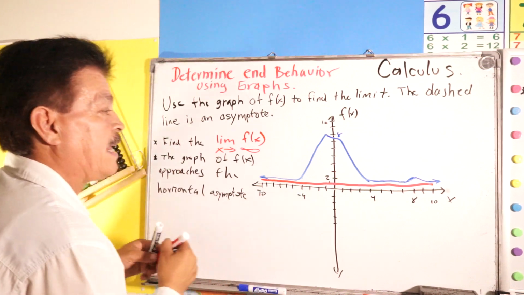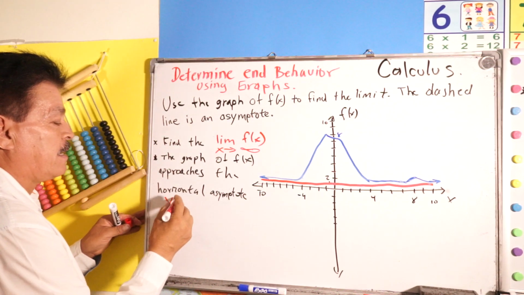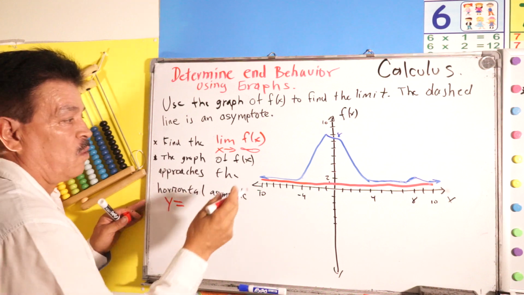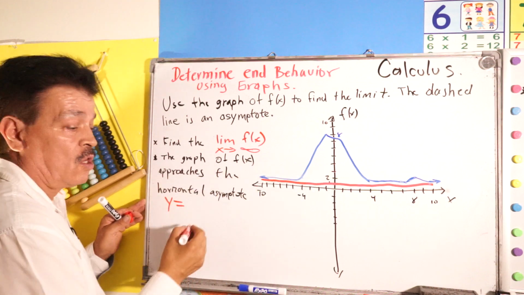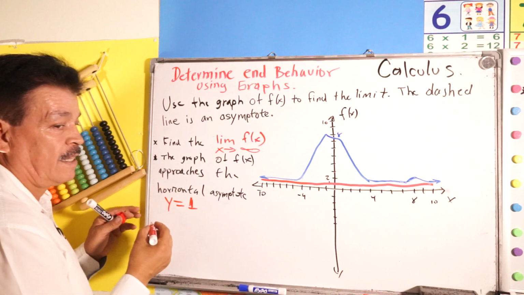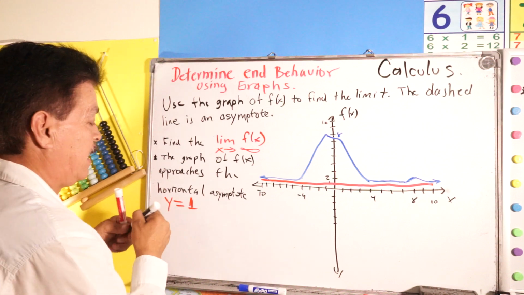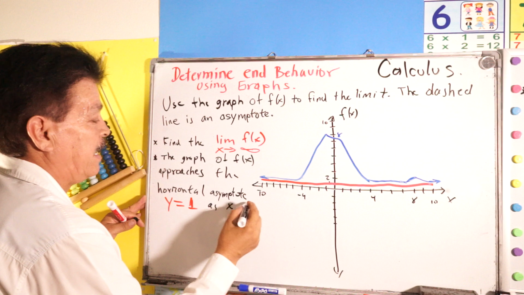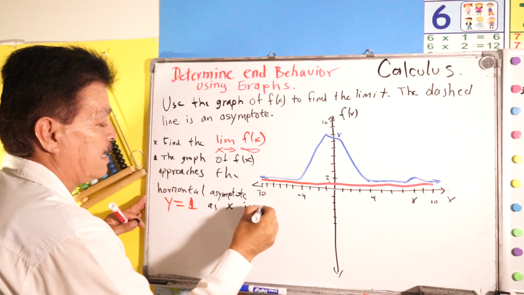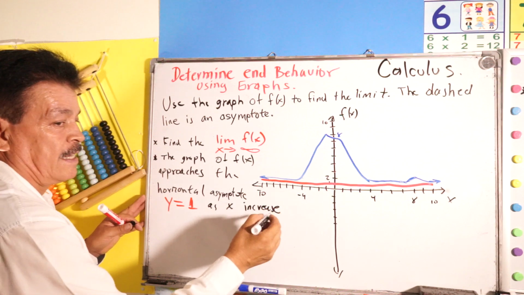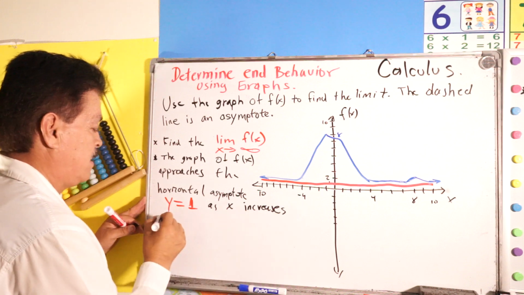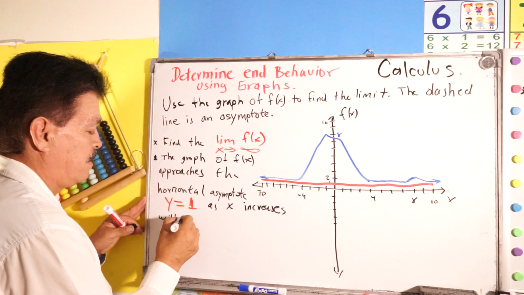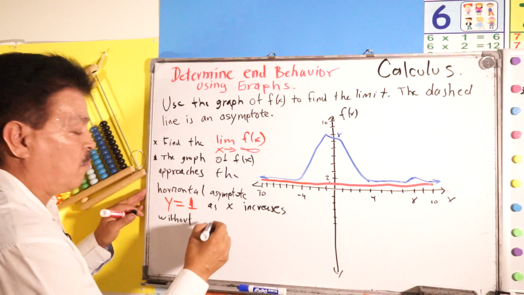What is the horizontal asymptote? It's y equals what? y equals 1, right? As x increases without bounds.